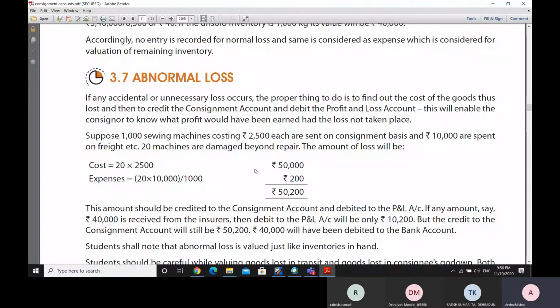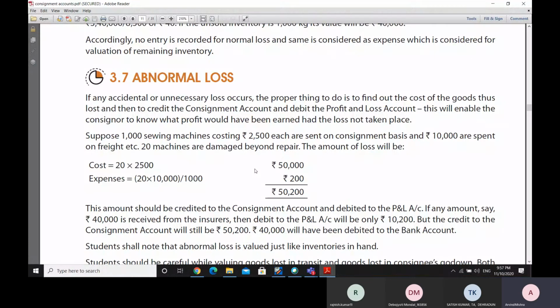So the expenditure on 20 machines is 200 rupees, and the cost of the 20 machines is 50,000 rupees. So the total cost of the machines is 50,200 rupees, and this amount we have to credit to the consignment account and debit to the P&L account.